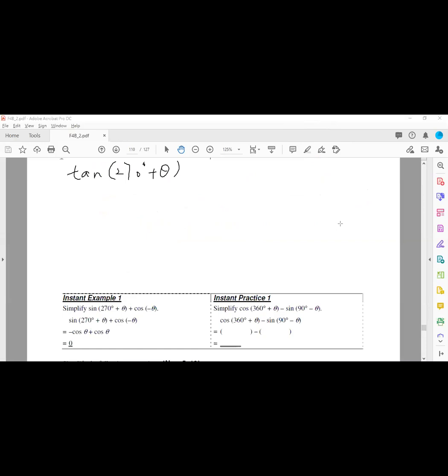Okay, again, the first step is plus or minus, the second is sine, cosine, or tangent, and the third one is theta or 90 degrees minus theta. It's first, second, third. We just need to choose among these options.